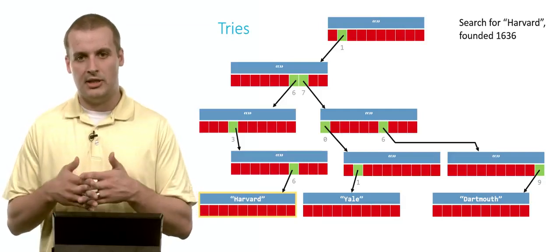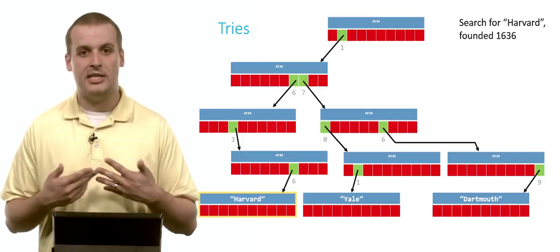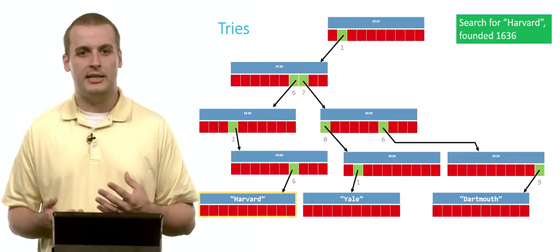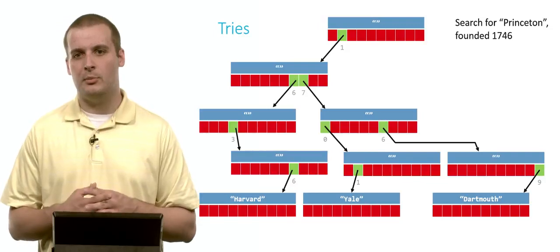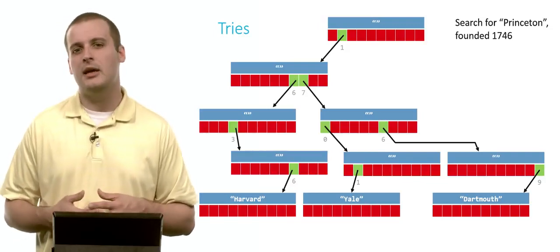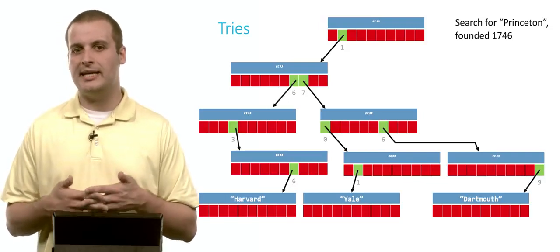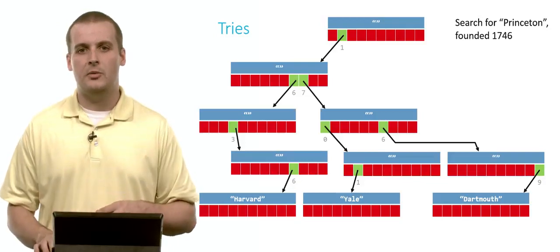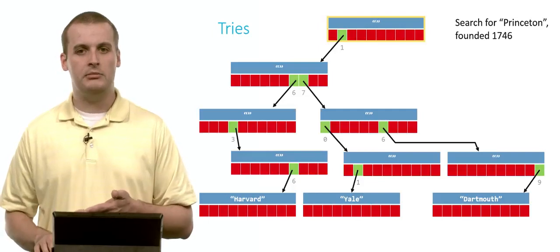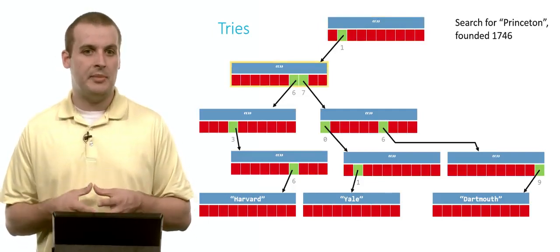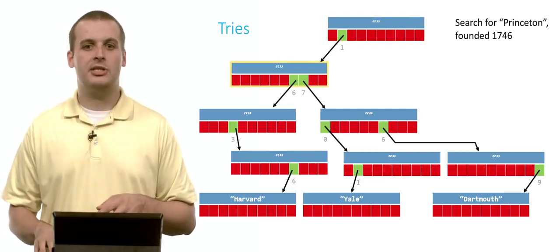Well, I look down after starting at the top and going 1636. I look down, I see Harvard. So yes, I succeeded. What if what I'm looking for isn't in the trie, though? What if I'm looking for Princeton, which was founded in 1746? And so 1746 becomes my key to navigate through the trie. Well, I start at the root, and the first place I want to go is down the 1 path. Can I do it? Yes, I can. Can I go down the 7 path from there? Yeah, I can. That exists too.